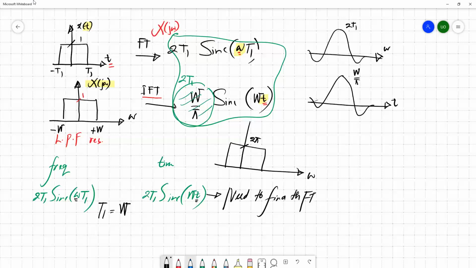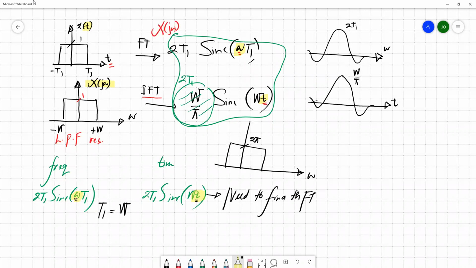This is in frequency domain, this is in frequency domain, and the shape is preserved as it is, and this is now in time domain. Once this T1 is exactly equal to W, we can simply say that these two functions, one in frequency domain, the other in time domain, are exactly the same.